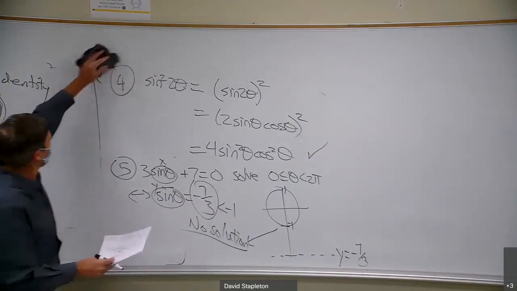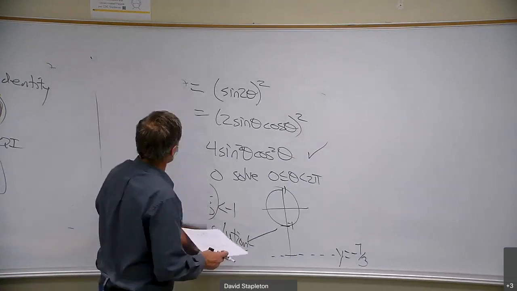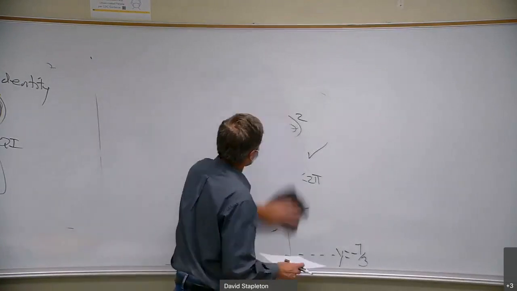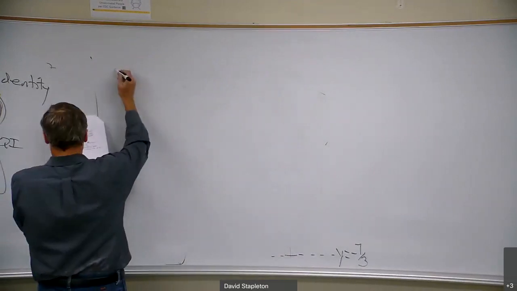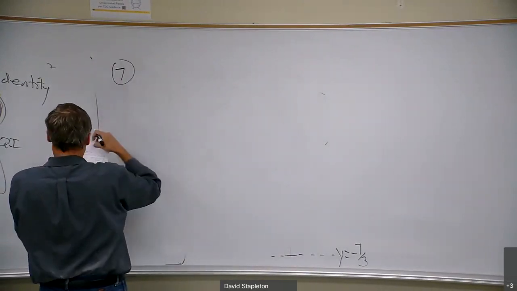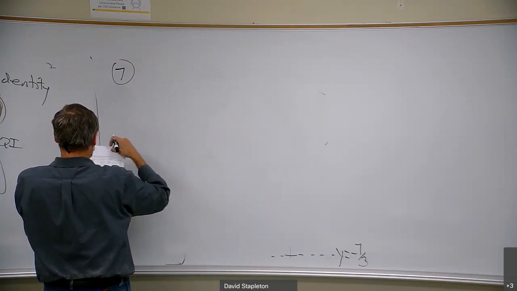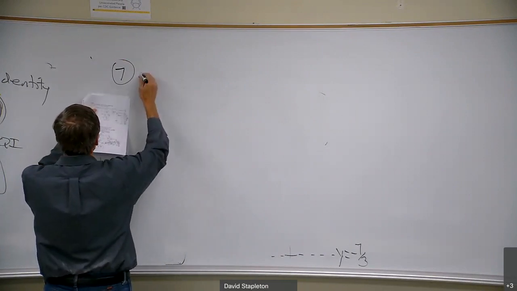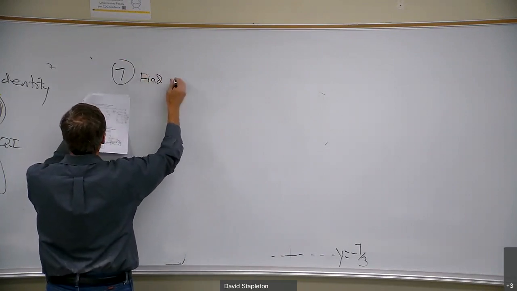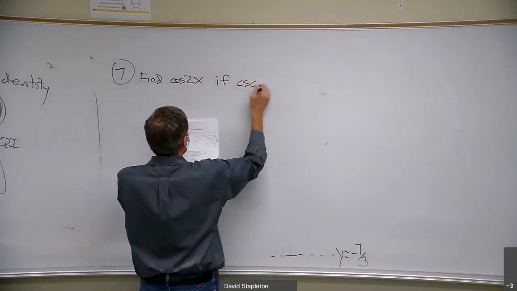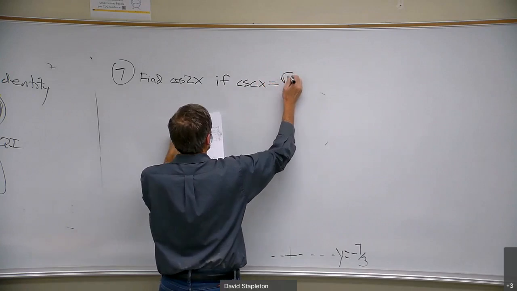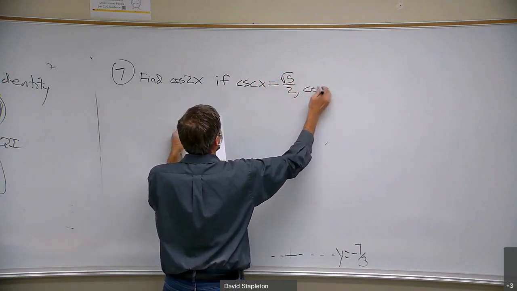Number 7. Let's see. 7 says, use the double angle identity. Find cosine 2x if the cosecant of x is square root 5 over 2 and cosine x is negative.